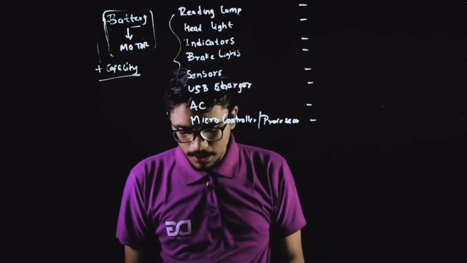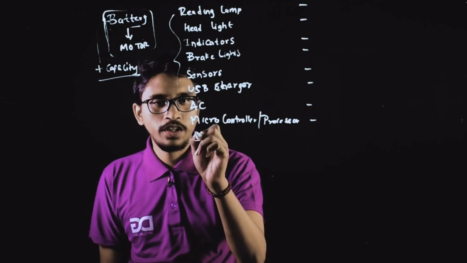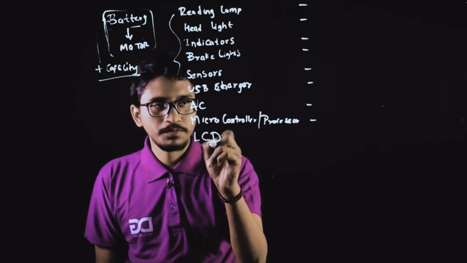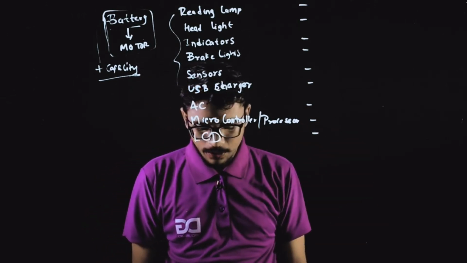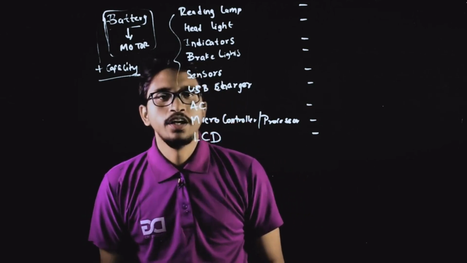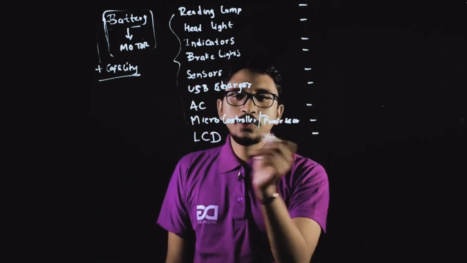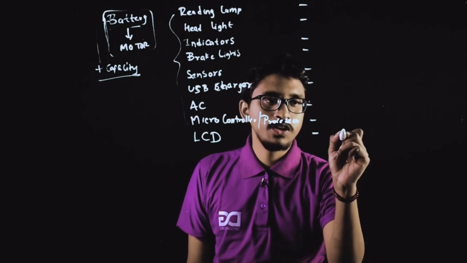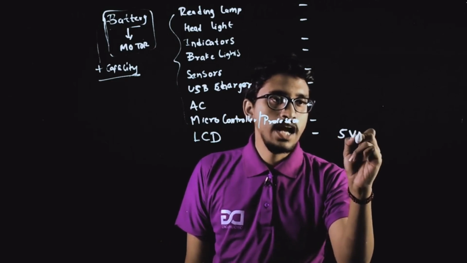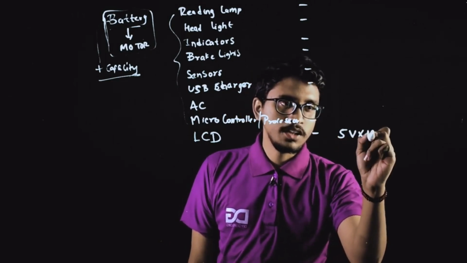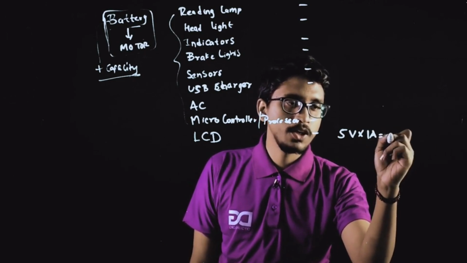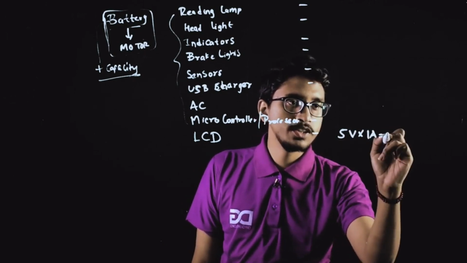Let me give you an example, and there are LCDs too in electric vehicles. Let us suppose my LCD is working on 5 volts and utilizing 1 ampere of current. So how much power is it using?